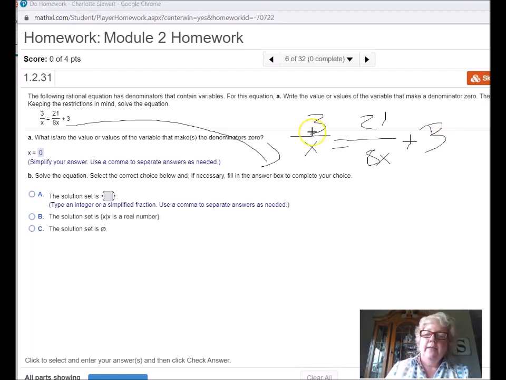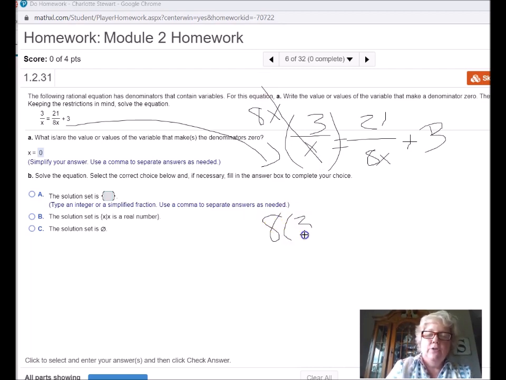The least common denominator here is going to be 8x. I say that it's 8x because if I put 8x next to this first fraction, notice how I can cross cancel out the x's. That would leave me 8 times 3, which is 24.